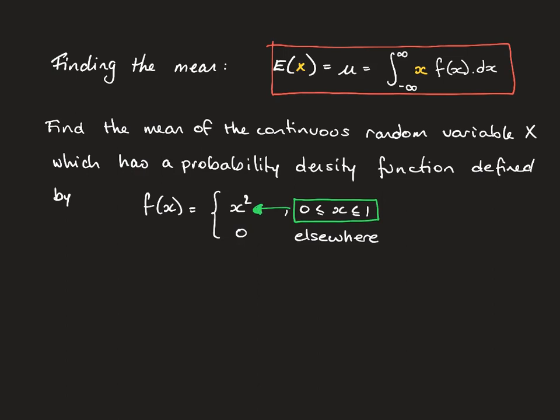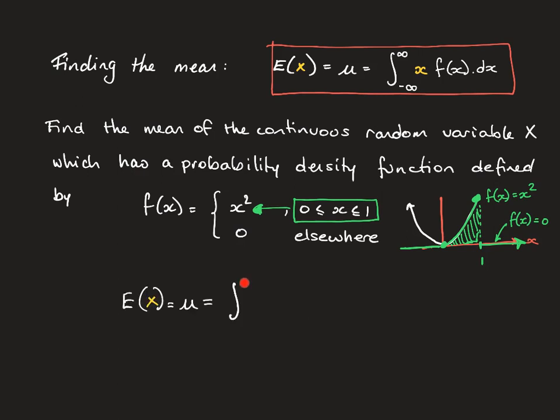I have the graph of x squared, and everywhere else I have 0. So the only section that has area underneath it is this section of your formula here. To find the mean of this function, I'm going to integrate between 0 and 1, and multiply x times our function.